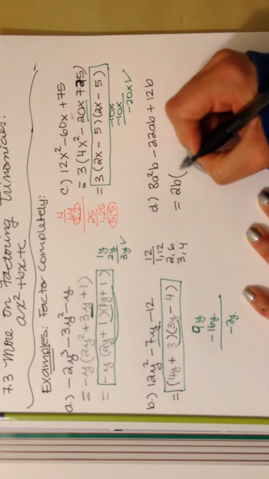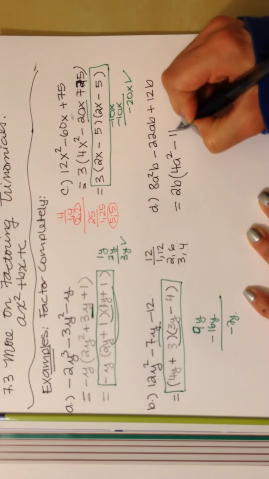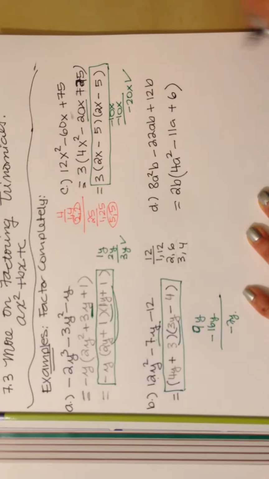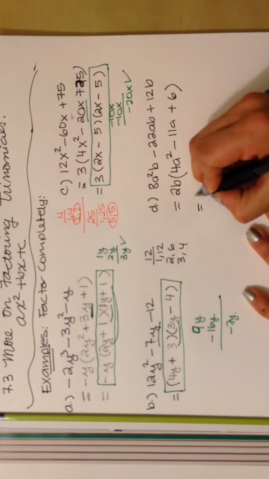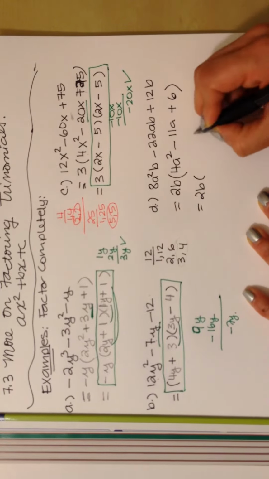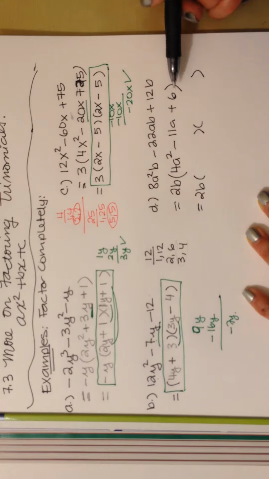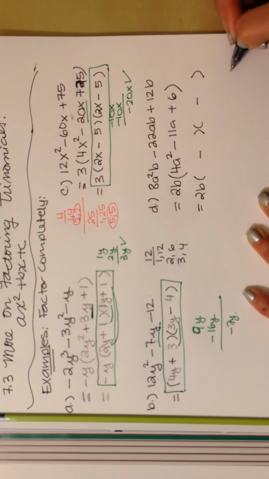Okay, what's in the parentheses? 4a squared minus 11a plus 6. Okay, here's my trinomial. Bring down the GCF, it's part of the answer, and two parentheses. Since the last term is positive and the second term is negative, we have a minus and a minus.